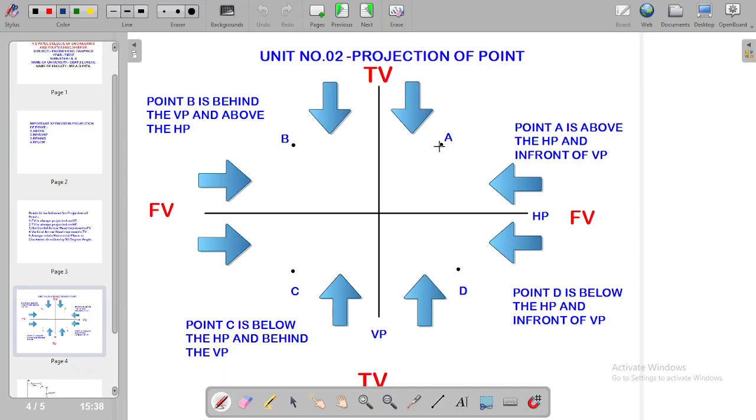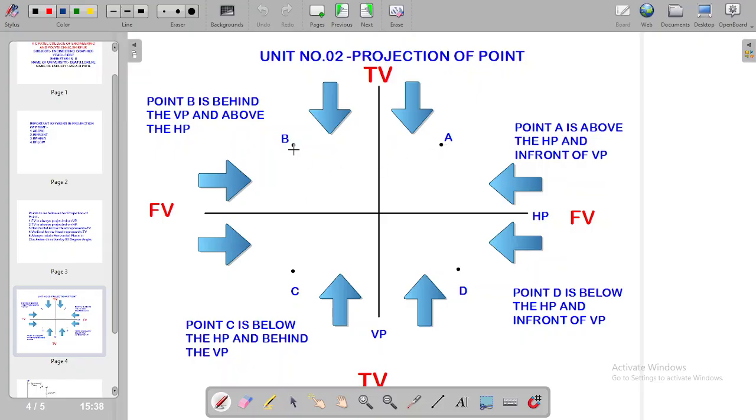Suppose point A is situated in the first quadrant, point B in the second quadrant, point C in the third quadrant, and in the fourth quadrant point D is situated. Using the keywords, we will mention that point A is above the HP and in front of VP.